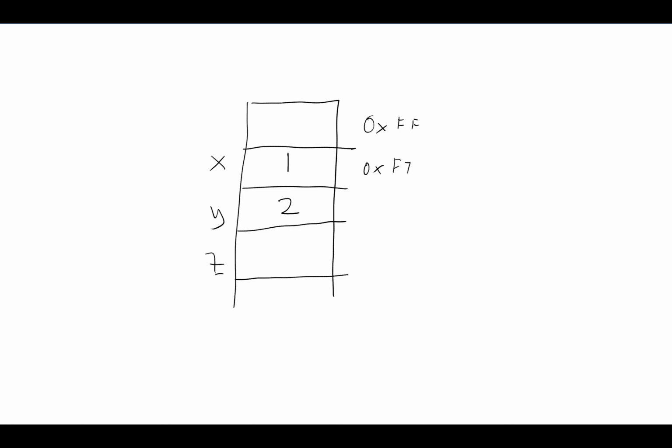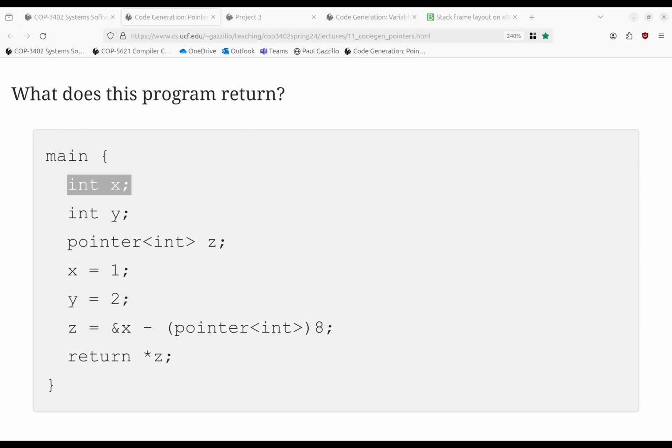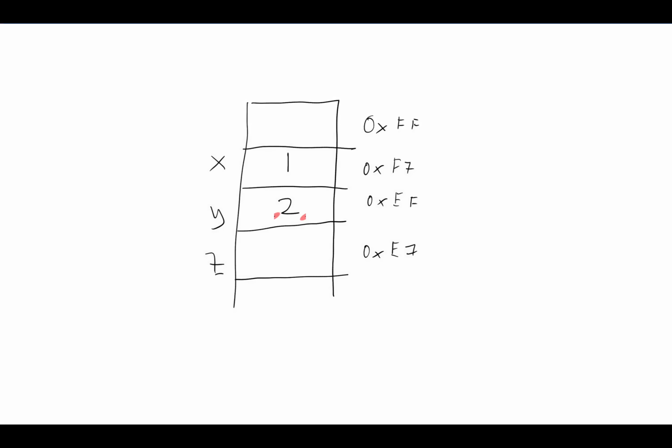This is F7, EF, and E7. So we take the memory address of X, which is F7, and then we subtract 8 from it. If we subtract 8 from F7, what do we get?